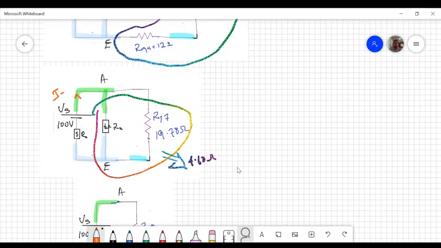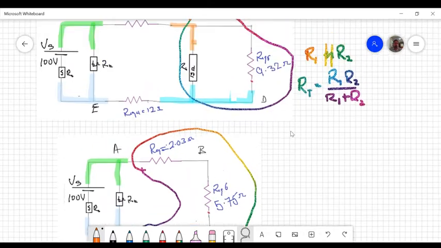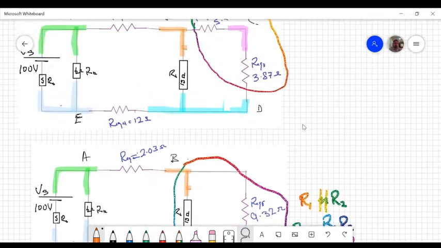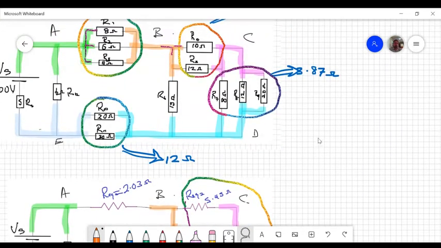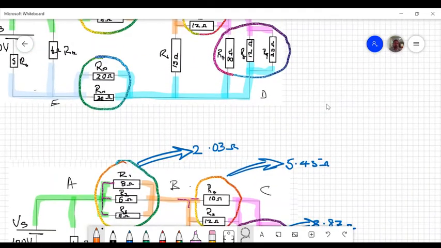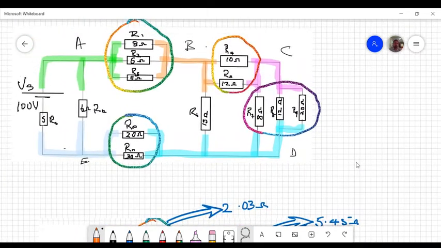IT equals 10.42. And I can go all the way and put it to the top. So that's the current coming out of the battery.